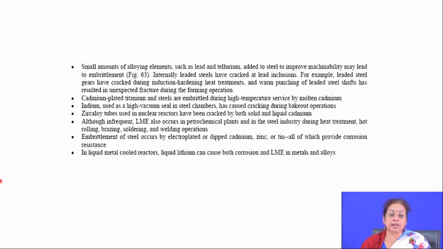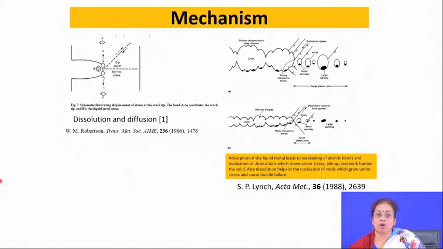So, like stress corrosion cracking, the liquid metal embrittlement process is also very much environment specific. All materials do not undergo liquid metal embrittlement in all environments. Similarly, the mechanism is also more or less the same. As the name implies, this is liquid metal embrittlement.